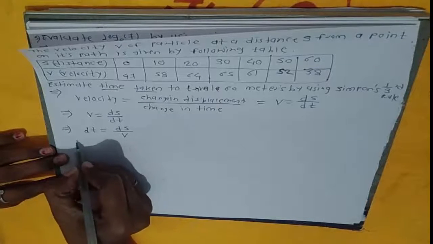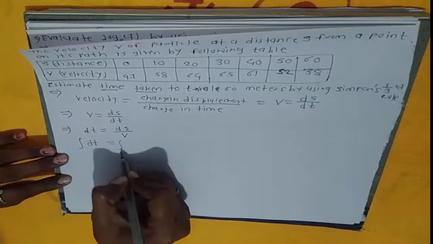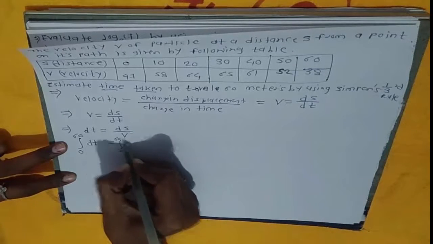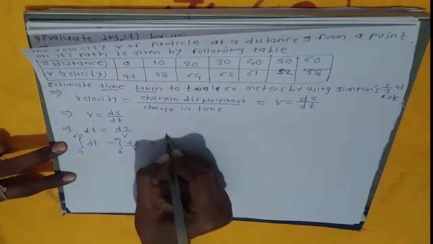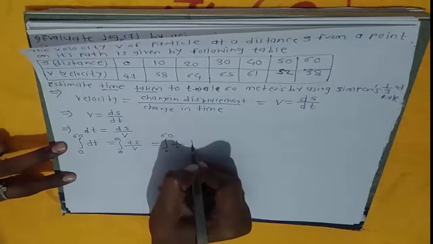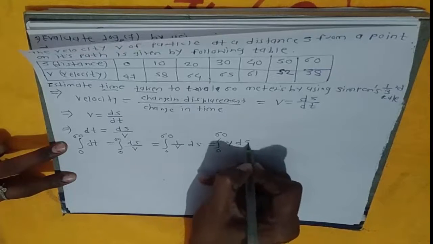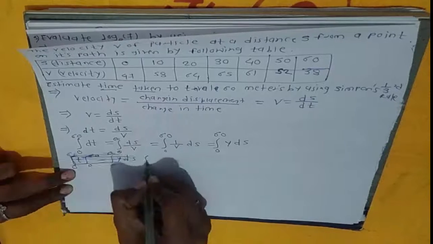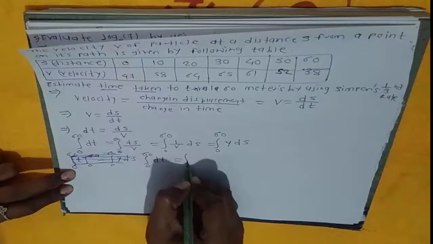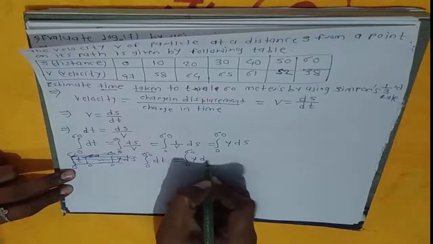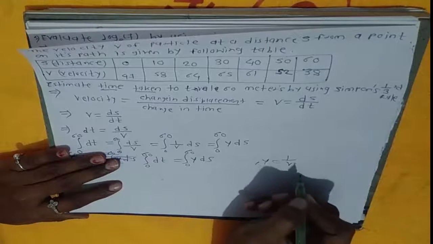So integration of dt is equal to integration from 0 to 60 of ds divided by v, that is integration from 0 to 60 of 1 by v ds. We can write this as integration from 0 to 60 of y ds, where y is equal to 1 by v.